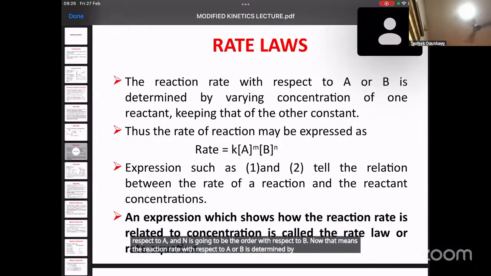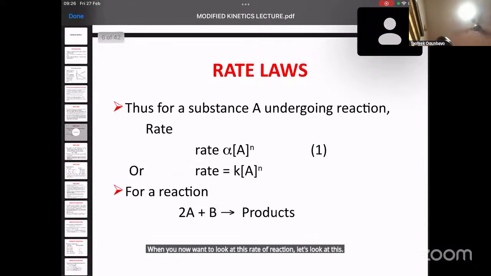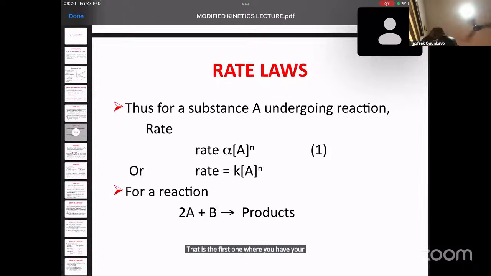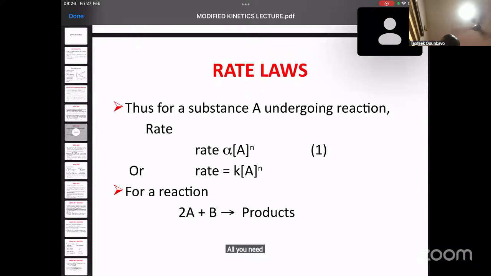So now, when you want to look at this rate of reaction, let's look at the first one, where you have your A, that is, your A gives you the product. All you need to do is vary the concentration of the reactant and look at what happens to the rate.